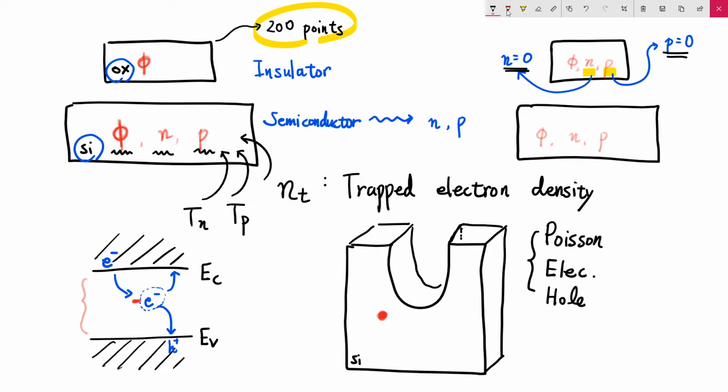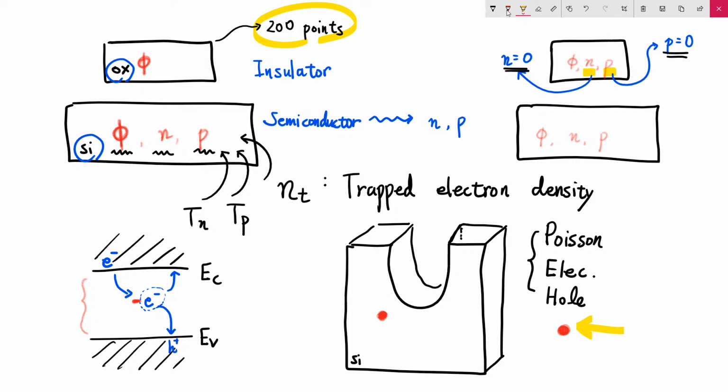But the point is, in industry, sometimes people want to do an additional job. What is the effect of the additional trap introduced at a certain position? Then how can we solve this problem? Of course, then we have to introduce an additional equation for this trap.